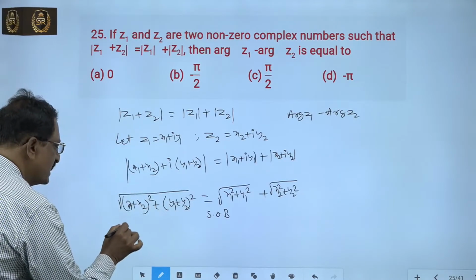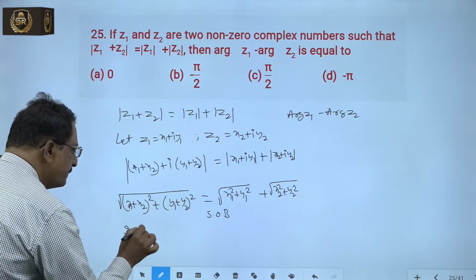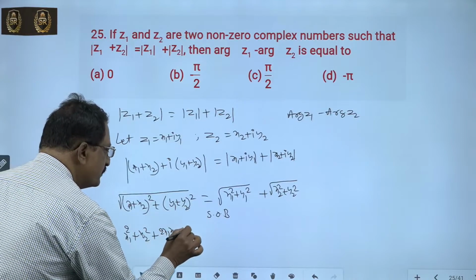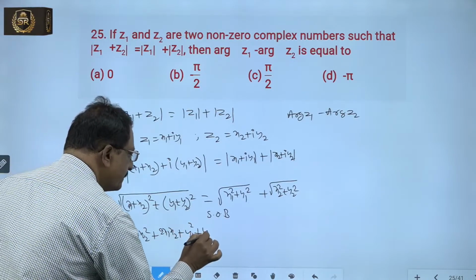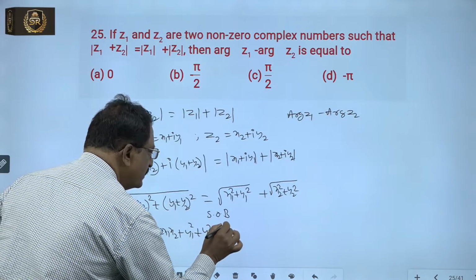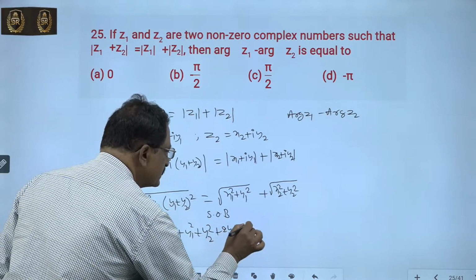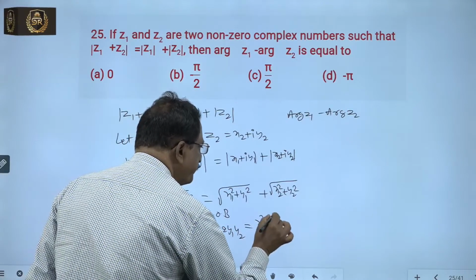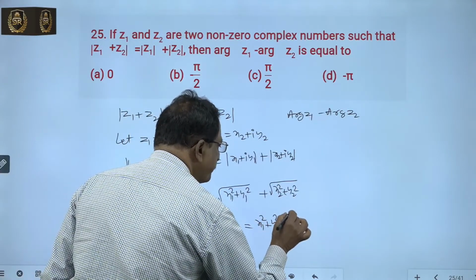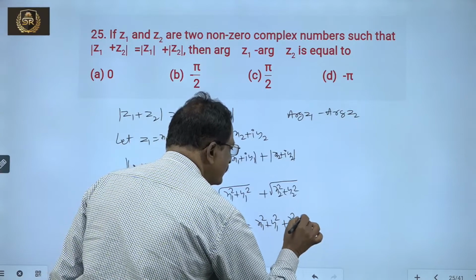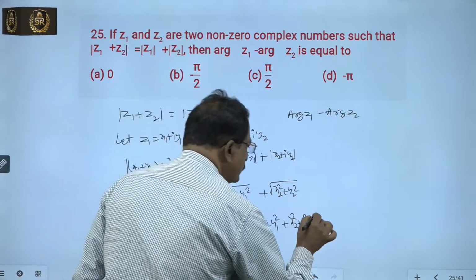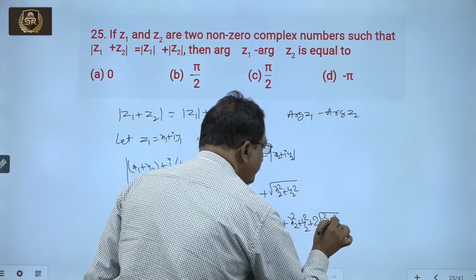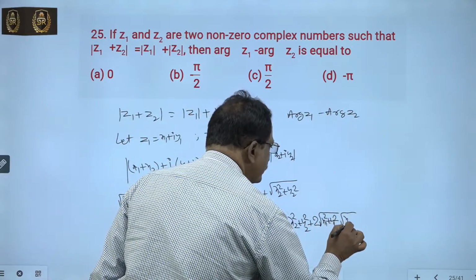Expanding, we get x1 square plus x2 square plus 2x1x2 plus y1 square plus y2 square plus 2y1y2 equals x1 square plus y1 square plus x2 square plus y2 square plus 2 times the square root of x1 square plus y1 square into the square root of x2 square plus y2 square.